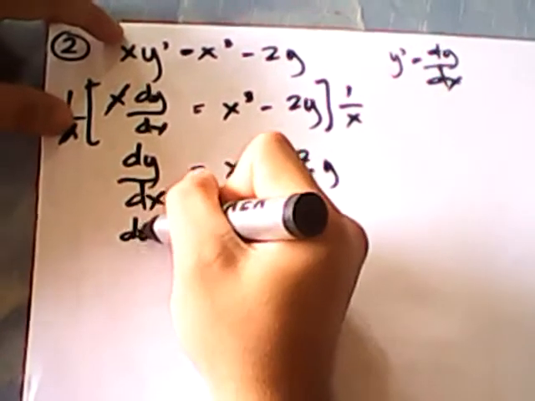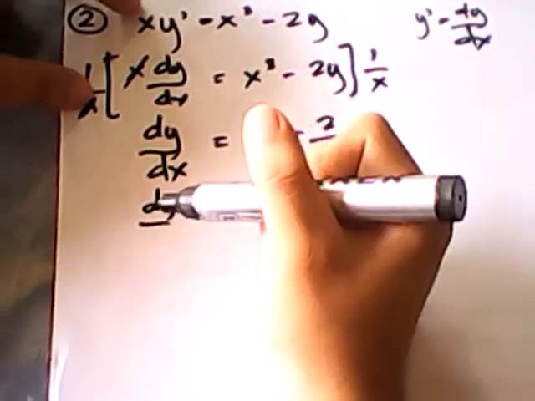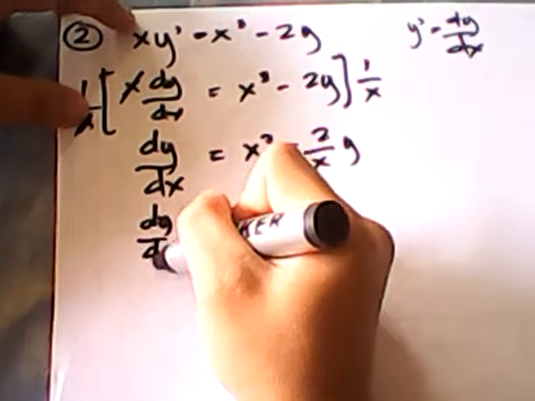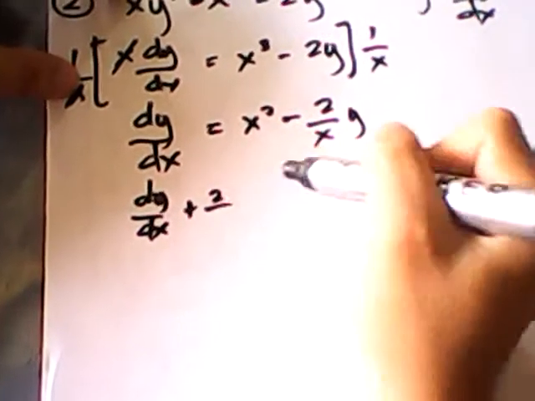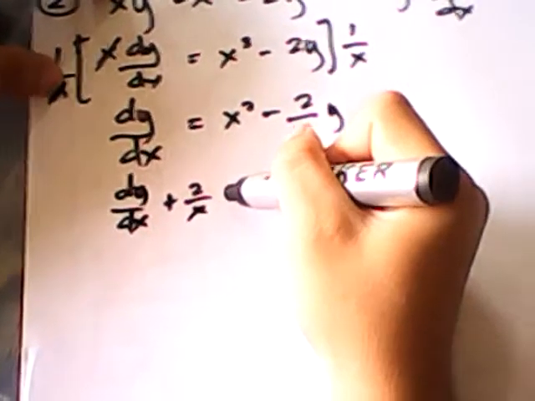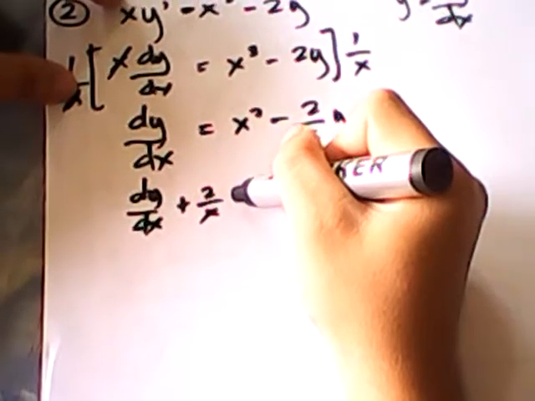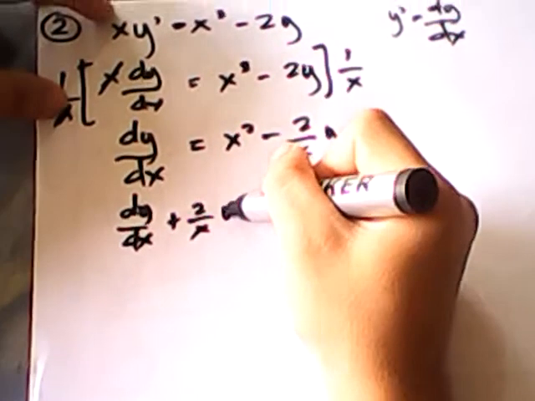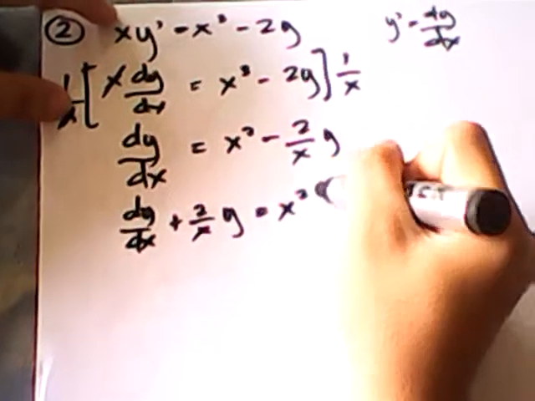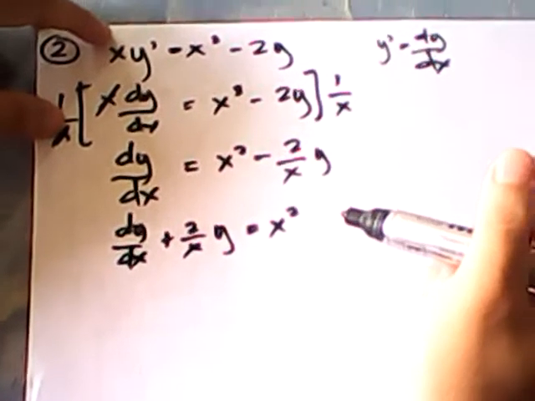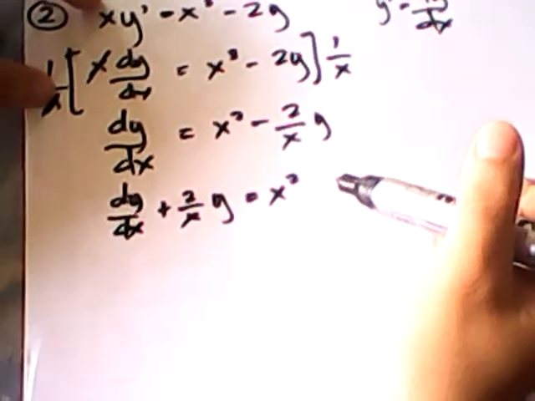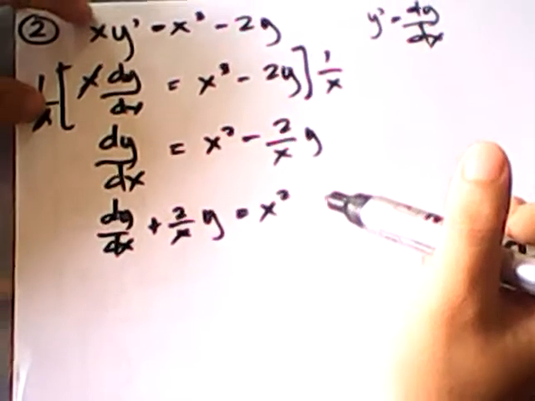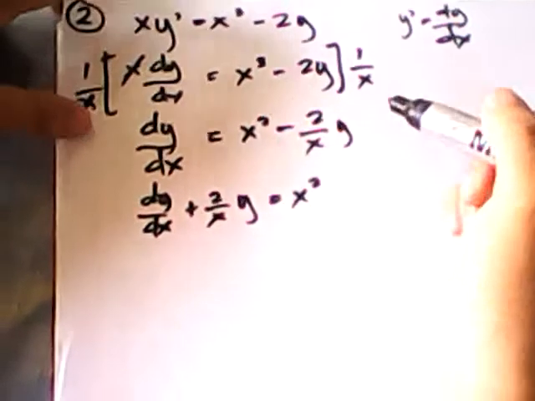We get dy over dx plus 2 over x y is equal to x squared. Since we get that, we'll get the integrating factor.